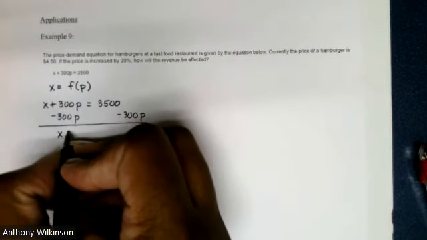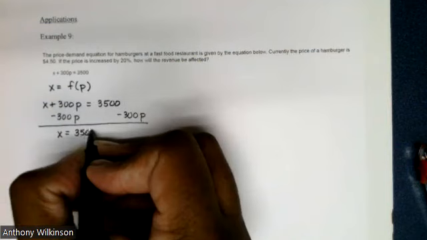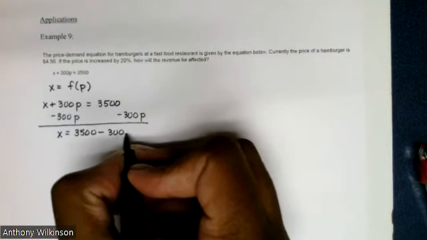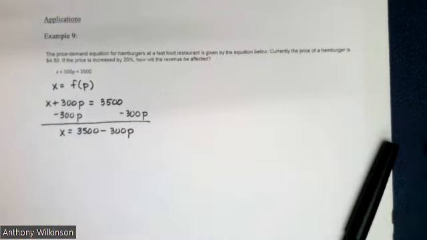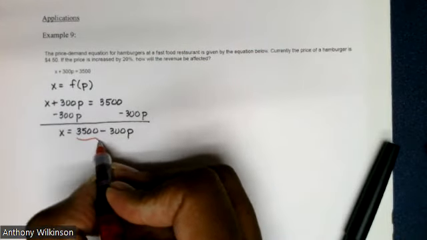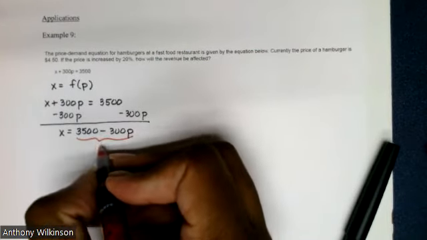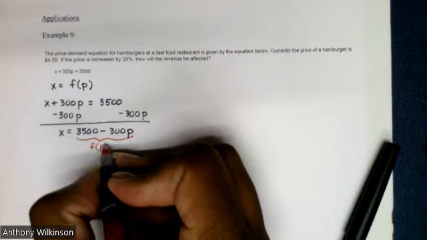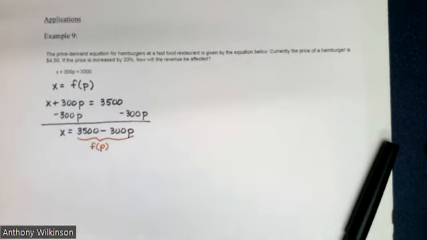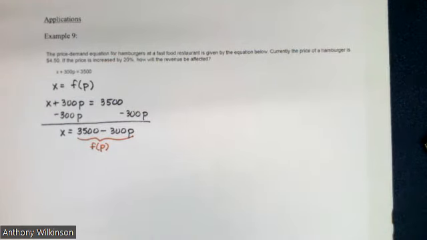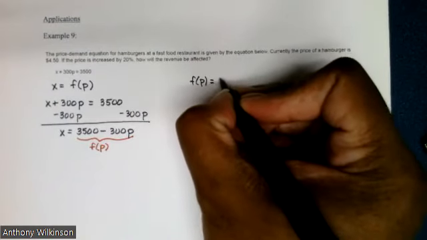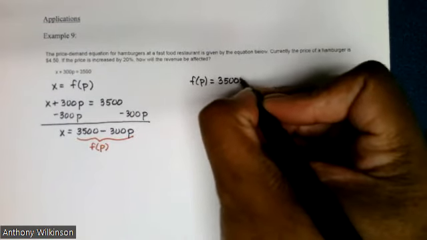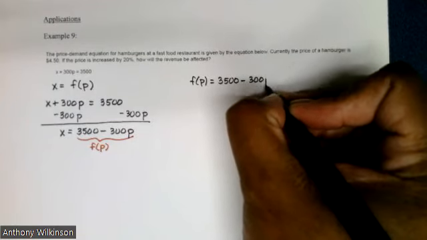So that means that x is equal to 3,500 minus 300p. So now it's in the form x is equal to f of p, where this part right here, 3,500 minus 300p, represents f of p.